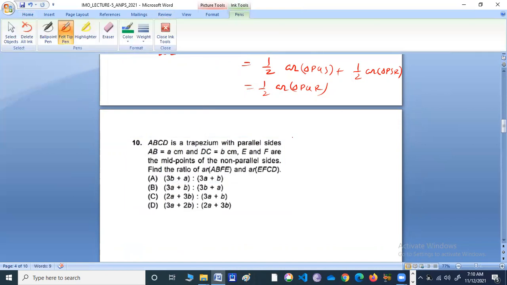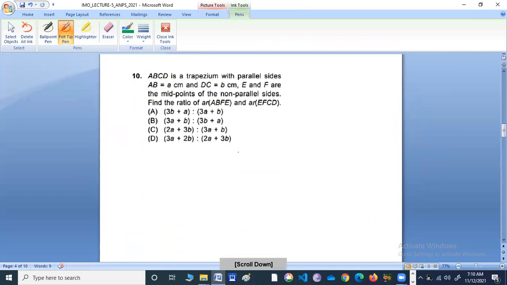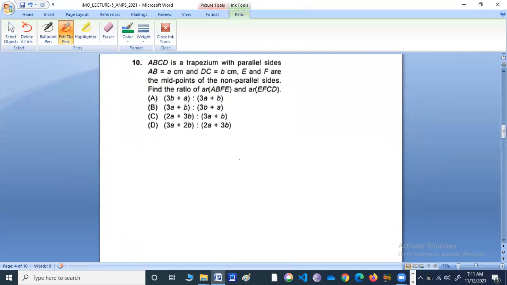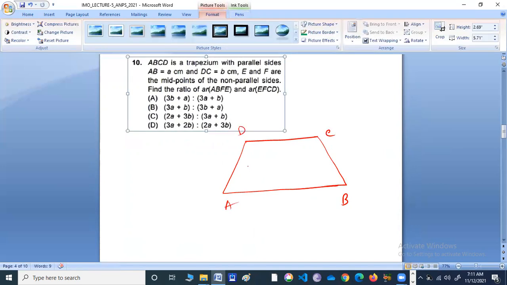Okay, so ABCD is a trapezium with parallel sides. Let us draw a trapezium. AB is equal to A, BC is equal to B, E and F are the midpoints of the non-parallel sides.